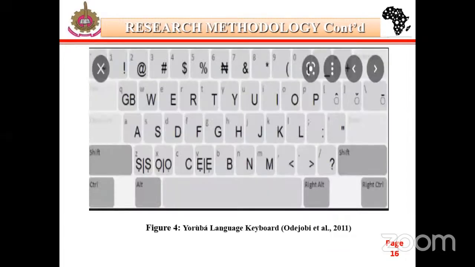Now, during the data set annotation, we used a special Yoruba keyboard, according to Odejobi et al. 2011.